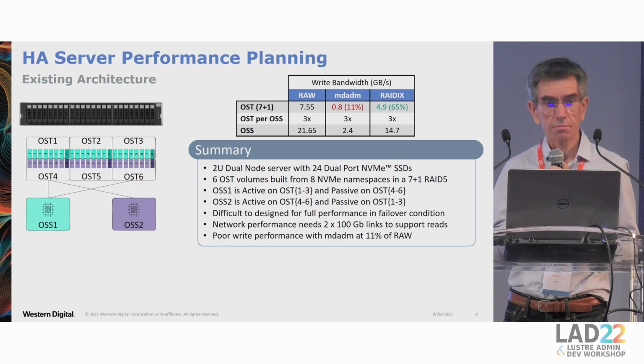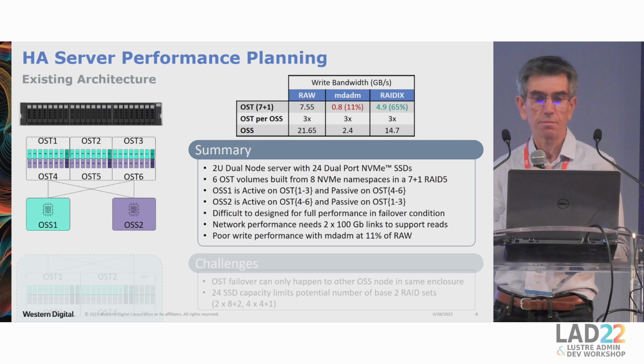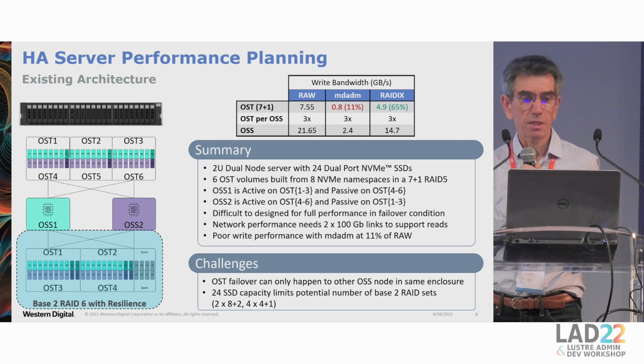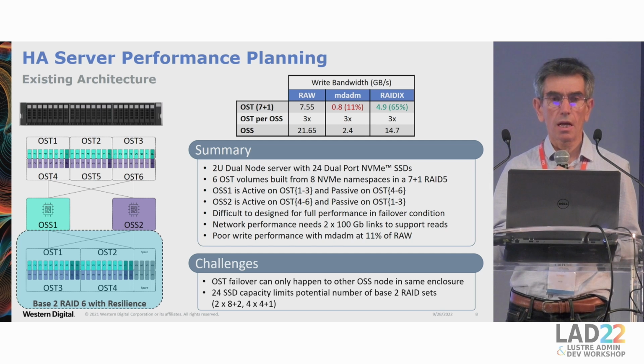And as mentioned earlier, without any hardware-accelerated RAID parity calculation solution, you end up with very poor performance with MDM. So the challenge is basically very limited flexibility in case of failover situation.